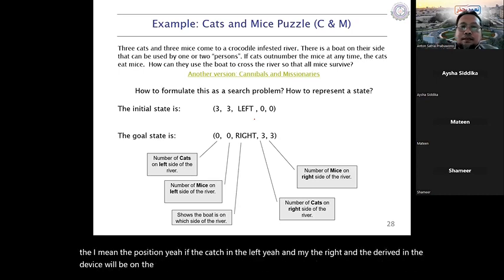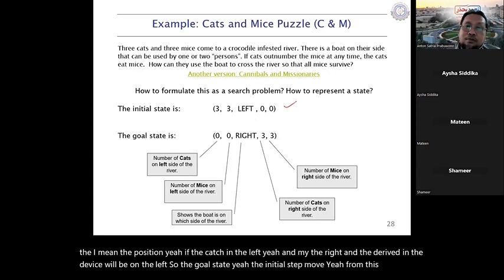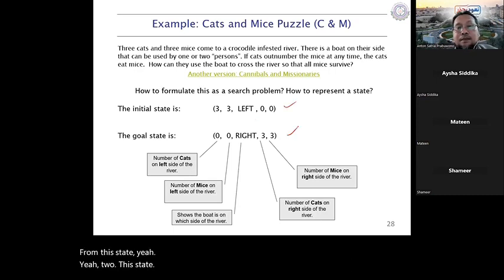So from the initial state we move to this state, with the composition still the same.